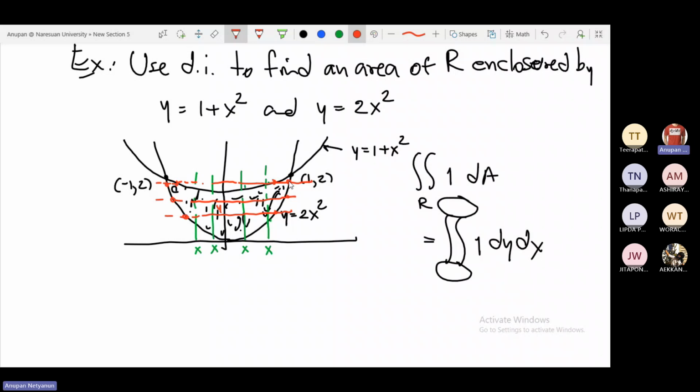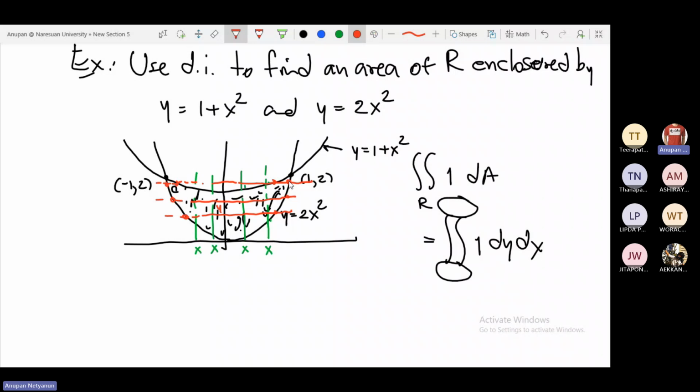See? So they are not the same pattern compared to the lower constant y below. Okay. So better use integration with respect to y first.